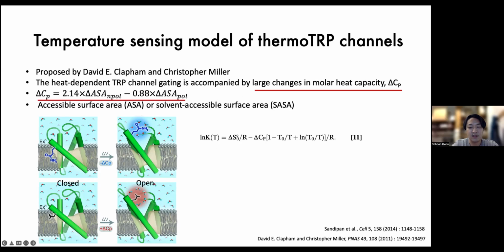This means that delta Cp is positive. This is the concept. So this model suggests there is a considerable delta Cp change when TRPV1 is opening. Actually, this is a very interesting point of view. So we analyzed this delta Cp using our structure model.